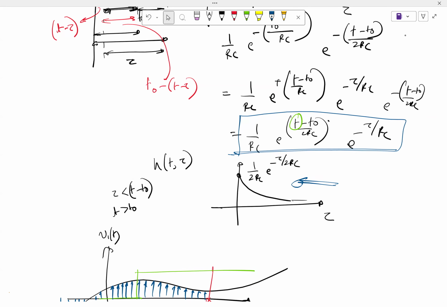Because when you simplify it, you'll have T minus T naught minus 4 times tau. I didn't understand why 2 tau. Where does 2 tau come from? So what are you replacing 2 RC with? 2 RC is not tau, right? Hold on.